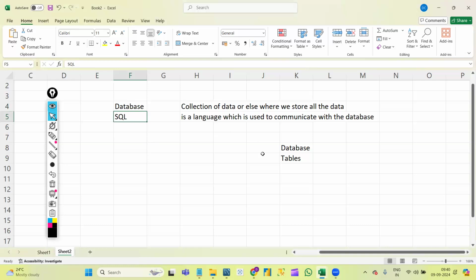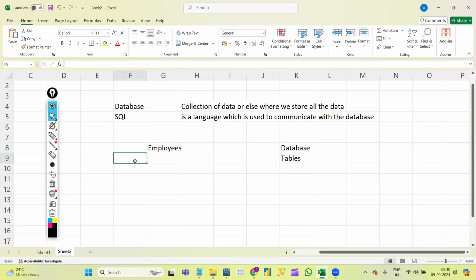Suppose I'm saying that we are storing the data in the form of tables, right? So this is the Excel file. You all know that. If I store any data in an Excel file, how will we store it? Let's see an employees table. Suppose this is my table name, employees.